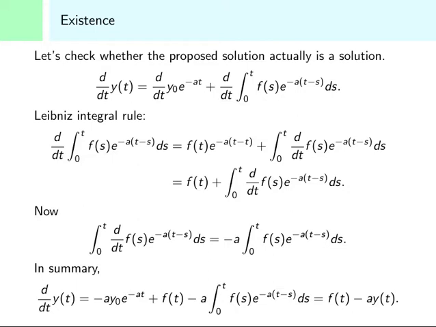Now, having computed the time derivative explicitly, we can regroup terms, and we recognize that this just equals f(t) minus a times y(t). We take the first derivative of y, and then regroup that result so that we get the rest of the differential equation. The only slightly complicated thing here is the application of the Leibniz integral rule.